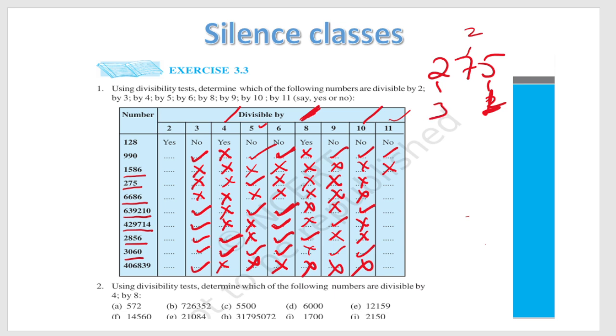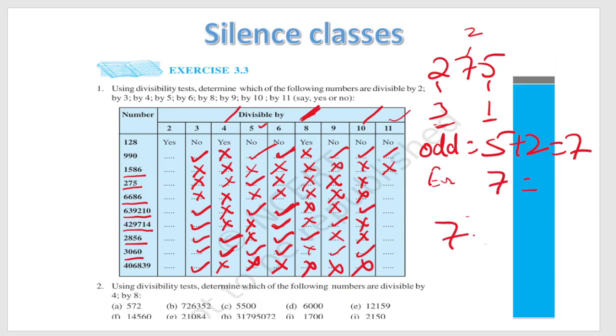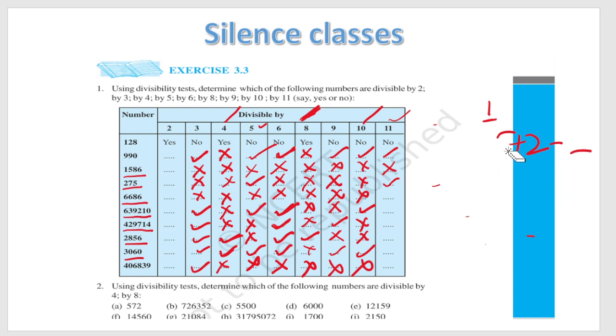We add the odd-place digits, 5 plus 2 is 7, and the even-place digit is 7. 7 minus 7 is 0, so this number is divisible by 11.